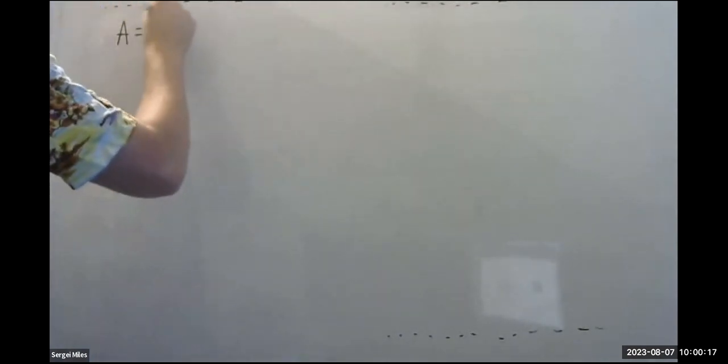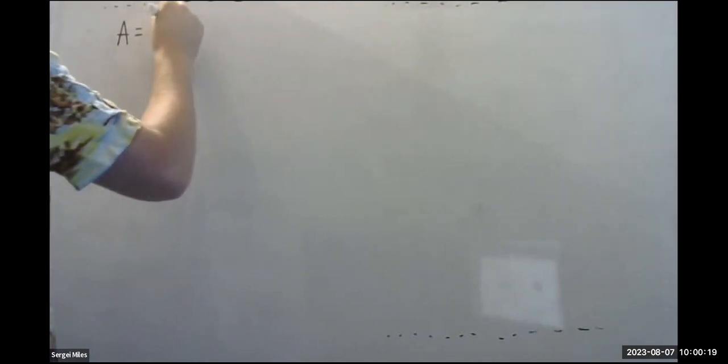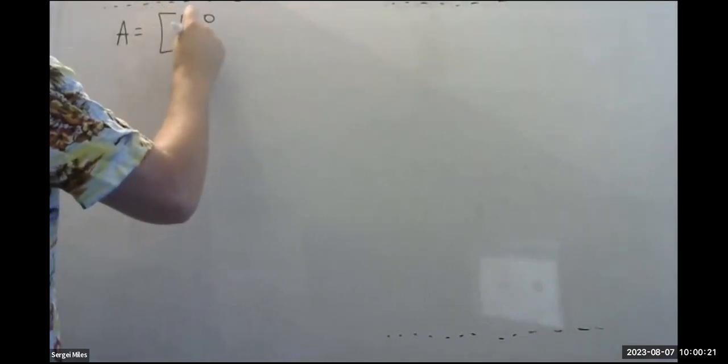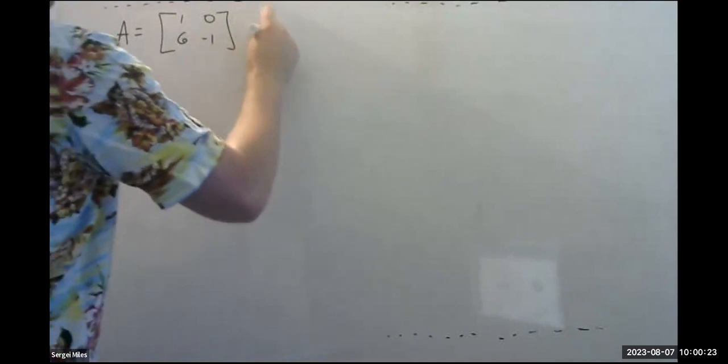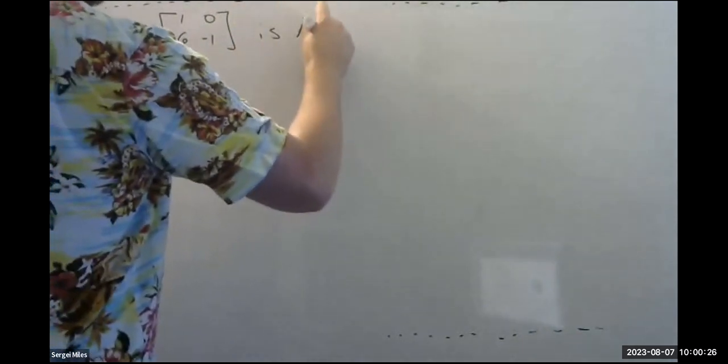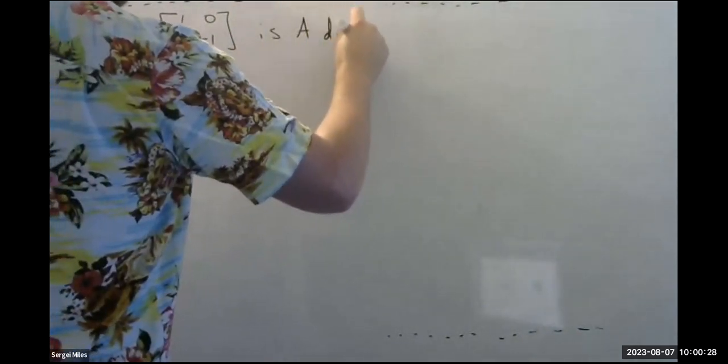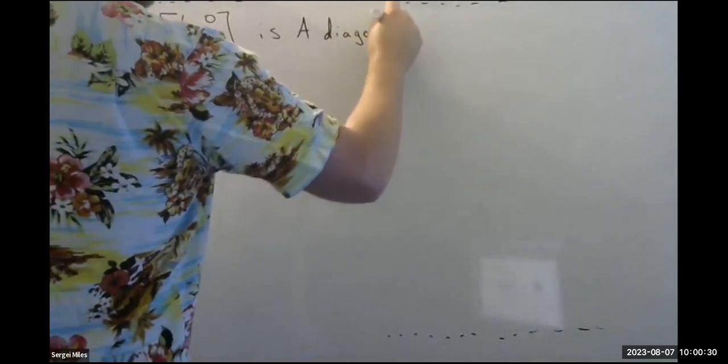All right. So here's an example. Let's say A equals [1, 0; 6, -1]. Is A diagonalizable?